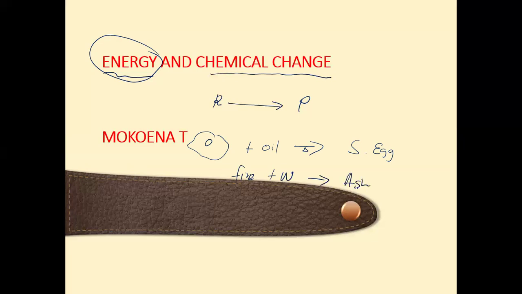What's the color of ash? It's far different from the color of the matchsticks and the wood. The colors are different, so we are talking about properties. So chemical change leads to different chemical properties. Basically, in a nutshell, that's what we're going to learn about.